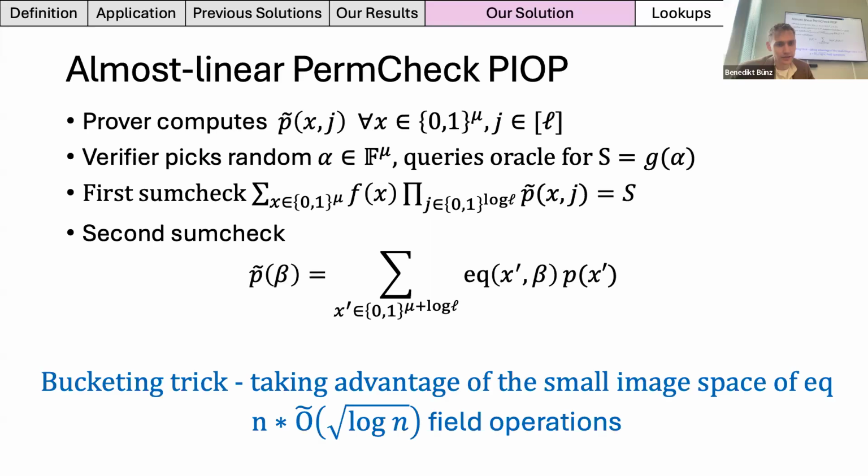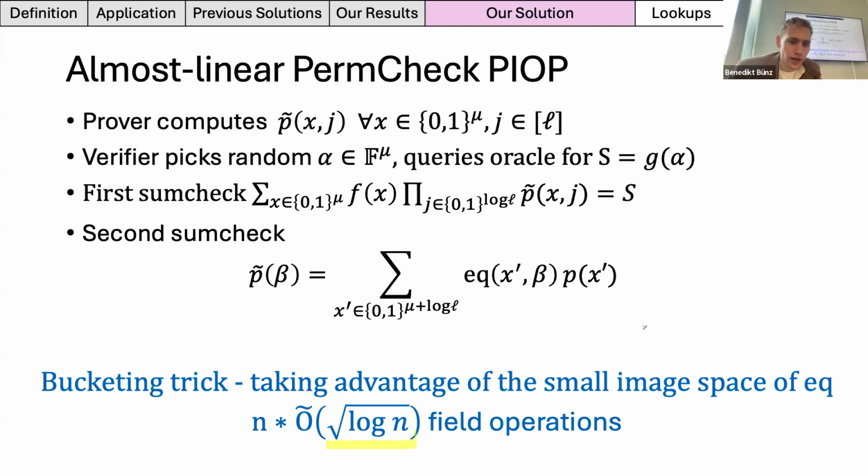Because the degree is going to be the square root of mu, our total prover cost is going to be proportional to n times the square root of log n. And to do this, one main thing that we take advantage of is that, if you did this naively, this result doesn't jump out.